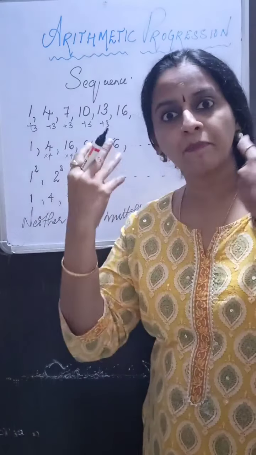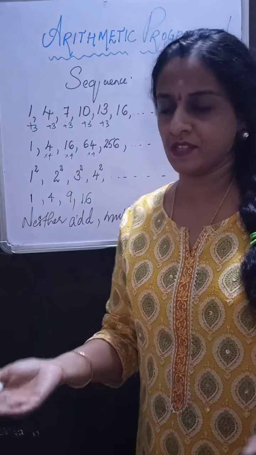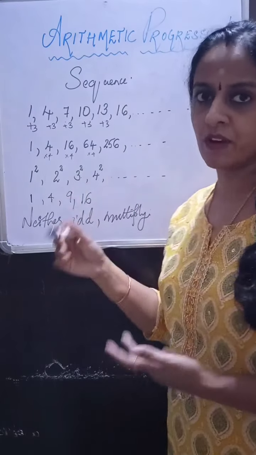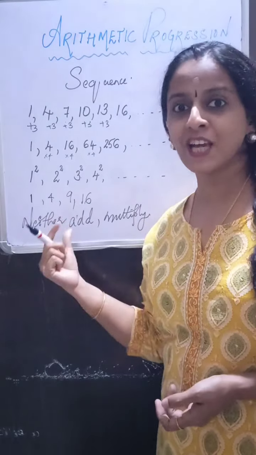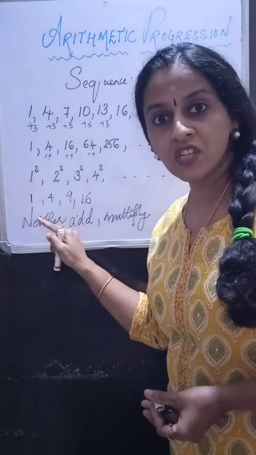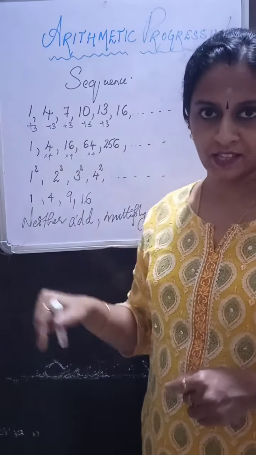Here, the sequence is something else. This is the square of natural numbers. 1 square, 2 square, 3 square, 4 square. Next will be 5 square, 6 square, like that. But this sequence is not following the addition or the multiplication rule which we got from the above two examples.